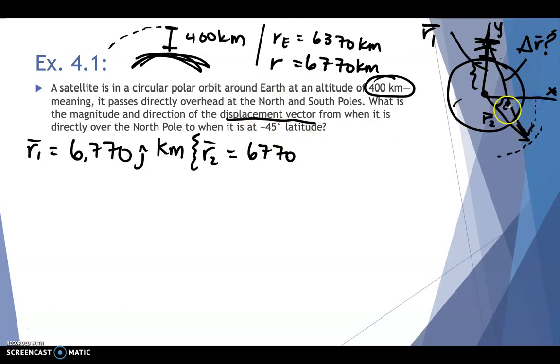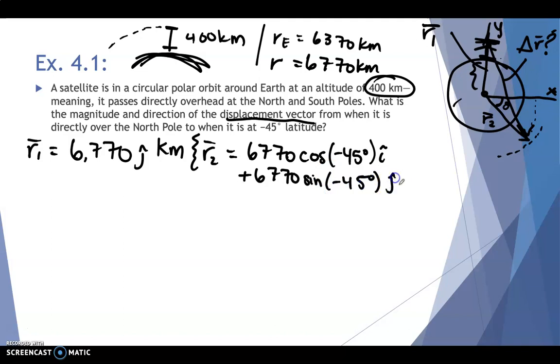So that's going to be adjacent over hypotenuse, so it's going to be cosine of negative 45 degrees. And again, that's our x component, so it's going to be i hat, plus the same value, and it's going to be now opposite over adjacent, so sine negative 45 degrees j hat.